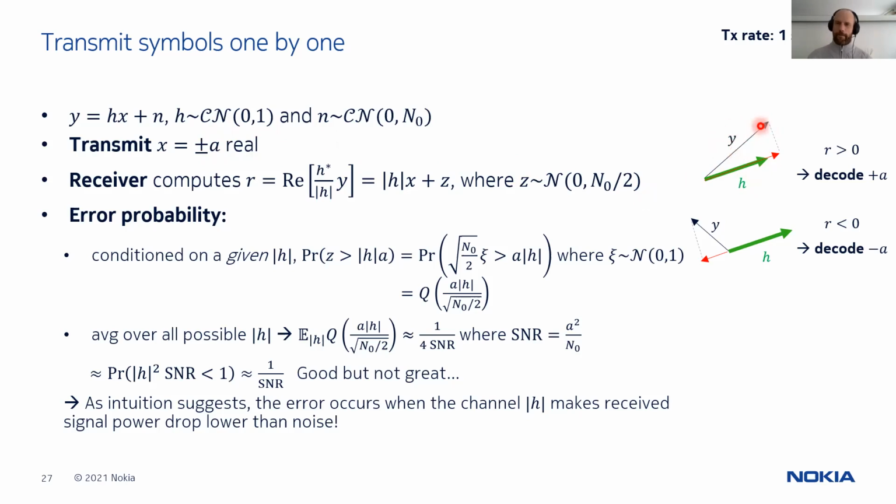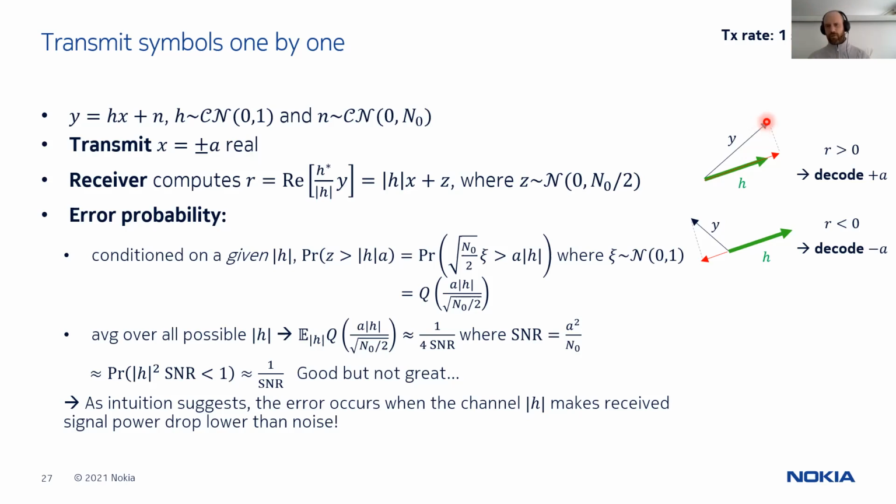So this y. Then in order to decode what has been transmitted, the receiver knows that there were just two options, either plus A or minus A. Note that the realm of options is just 2.